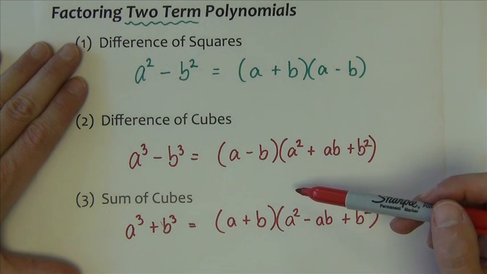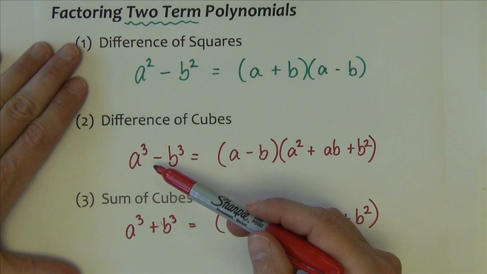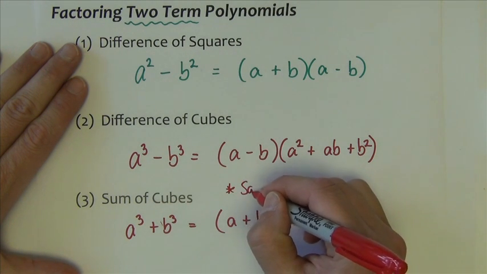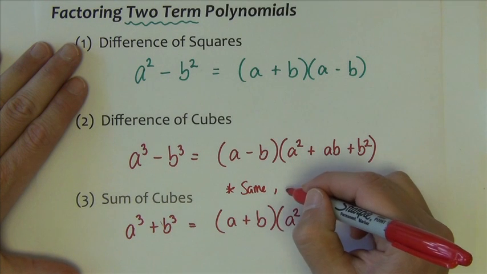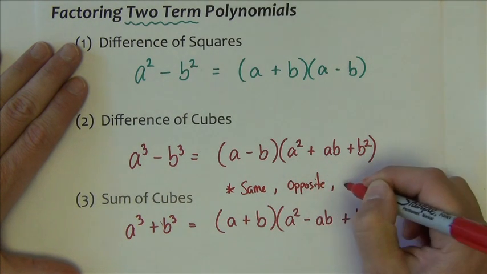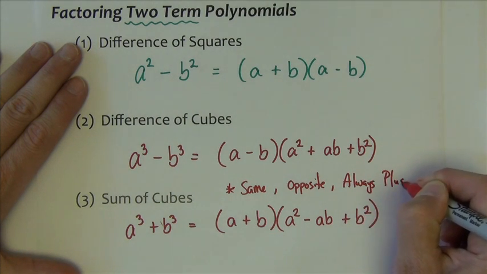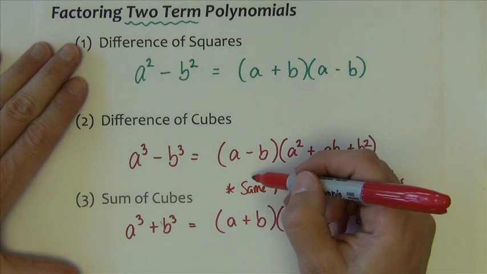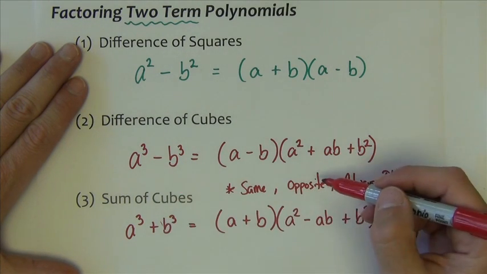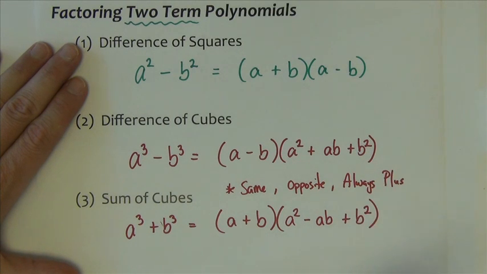What changed was just the signs, which shouldn't be surprising because all that changed here was the signs. The sign pattern is same, opposite, always plus. Okay, notice it is same sign first, same as in the problem. Opposite sign of the problem, always plus at the end.